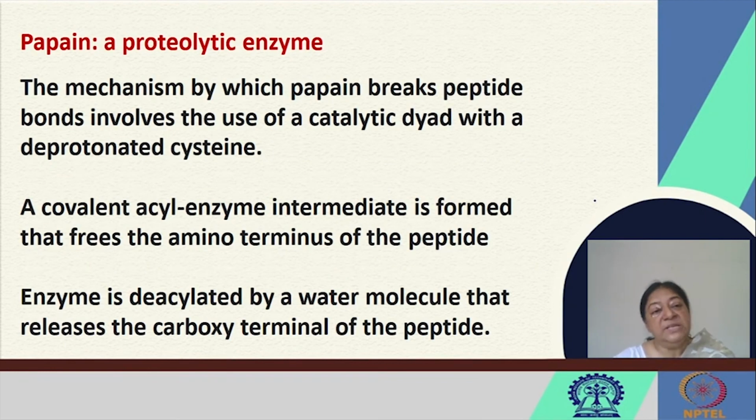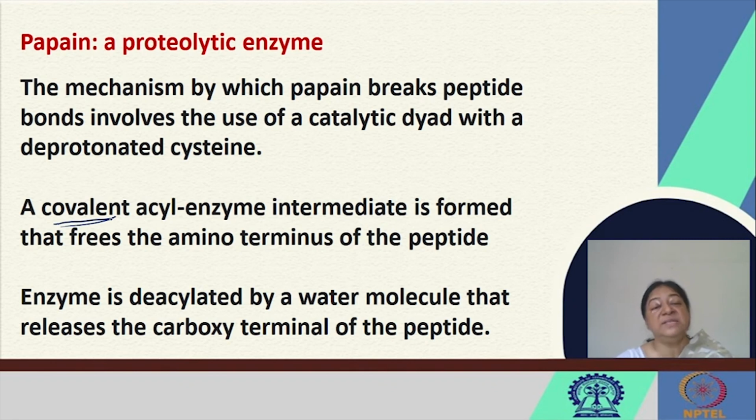Another example is papain. This is also a proteolytic enzyme, and here it uses a catalytic dyad with a deprotonated cysteine. So in this case also, as in a covalent catalysis, we have a covalent acyl enzyme intermediate formed that frees the amino terminus.